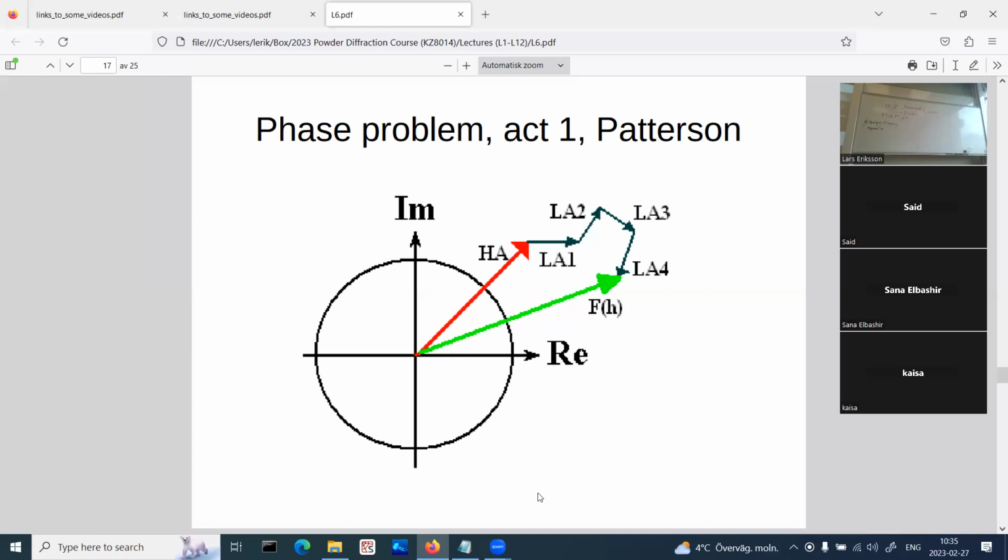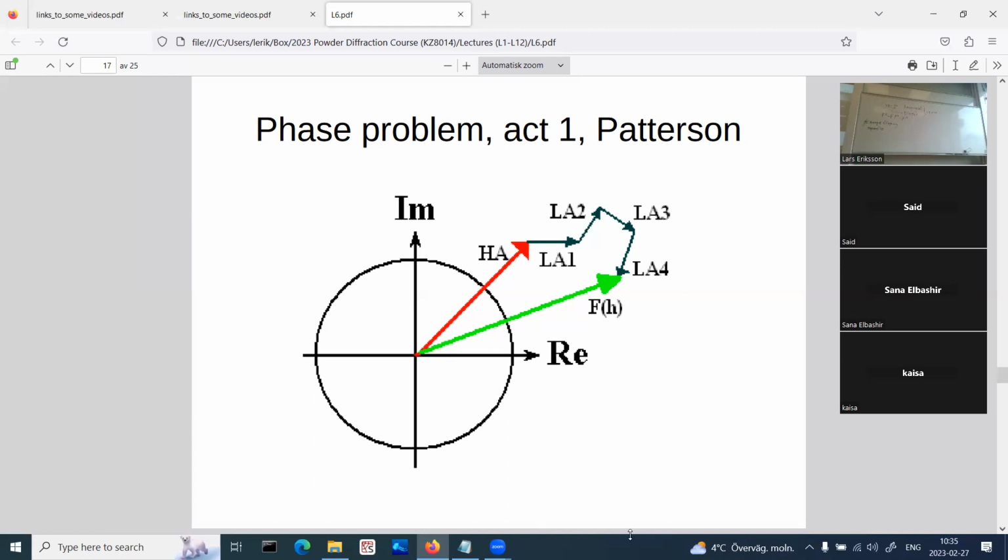Then we can claim that the red arrow is approximately the same as the green arrow, except that the heavy atom contribution and the different light atoms make up the true structure factor.